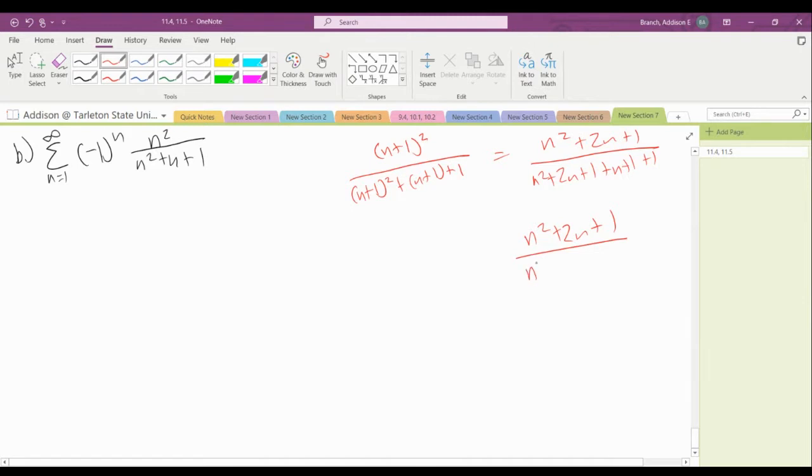All right, we're going to get n squared plus 2n plus 1 over n squared plus 3n plus 3. Looking at this, so far we don't really have a good comparison between these two.